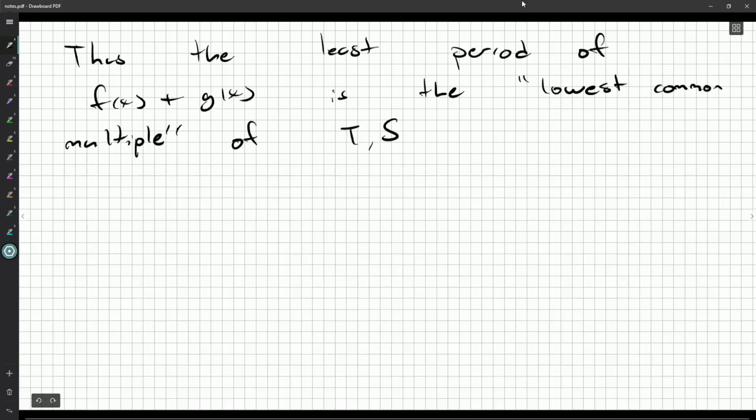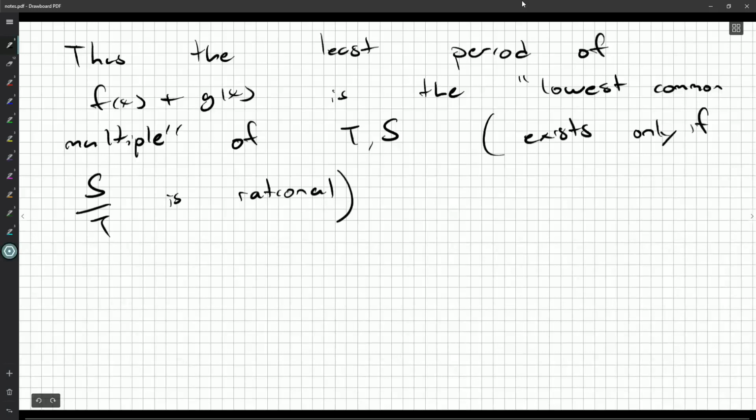In this case, with sine and cosine, we're talking about pi's. But it's entirely possible that this exists only if, say, s over t is rational. If not, then adding the functions will never sync up, and it doesn't work that way.